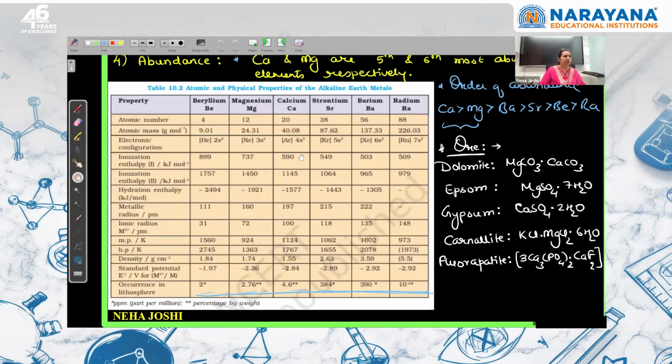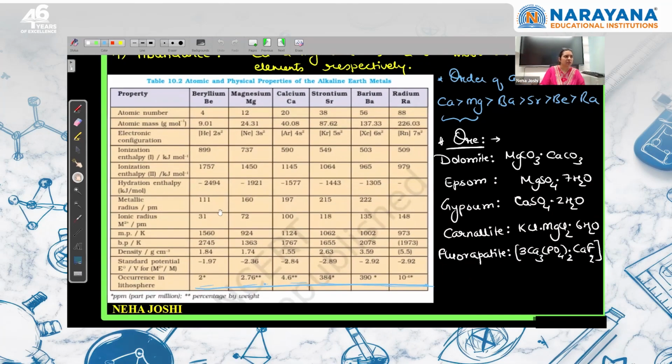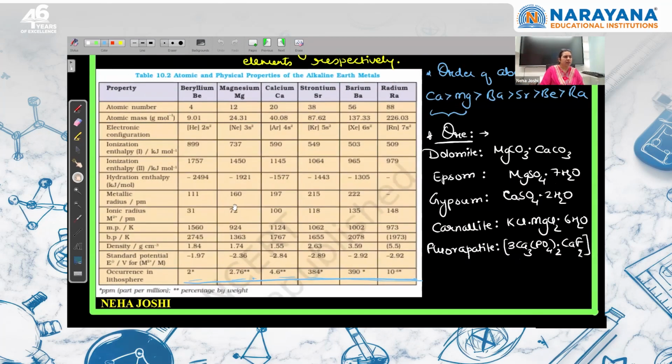Coming to this table from NCERT, please observe carefully. I don't find any such special anomaly here which I need to point out. Almost everything, broadly, not exactly, is regular except for density here.